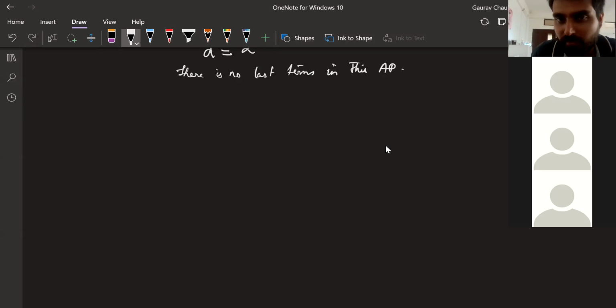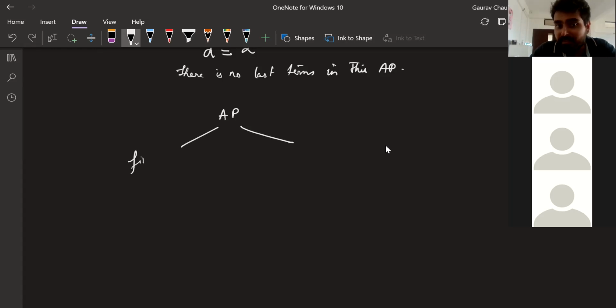This is basically arithmetic progressions, or any sequence for that matter. Not just arithmetic, any kind of sequence, any kind of list can be divided into two broad types. I'm just going to do it as AP only.